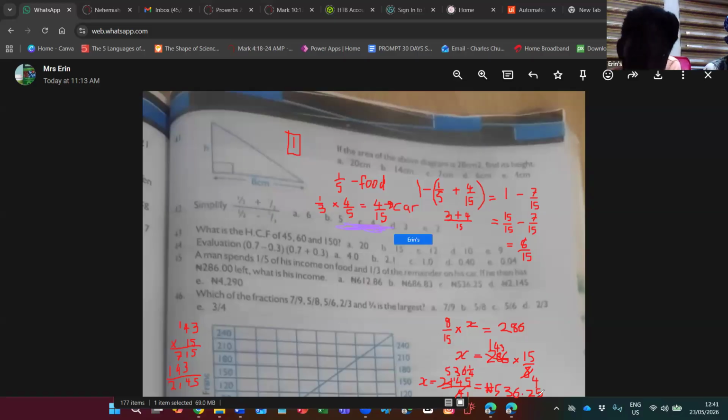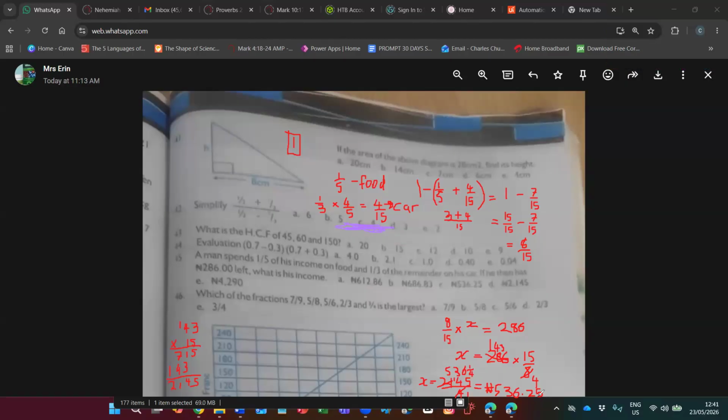I'm confused. Why did you use 1/3 times 4/5? Why did I use 1/3 and multiply by 4/5? Do you know how I got the 4/5 first? Yes, sir. Good. I said 1/3 times 4/5 because, if you remember the question I asked, 4/5 was what he spent. Read the question well.